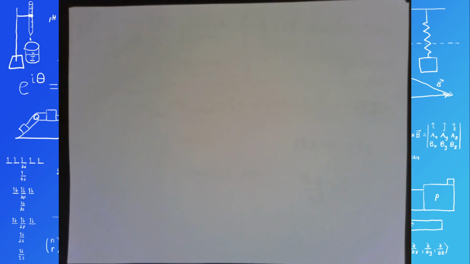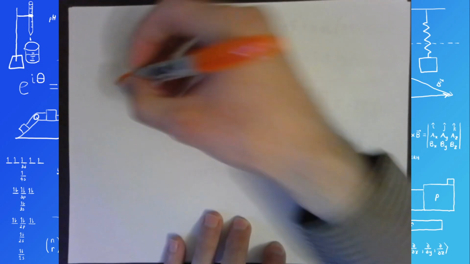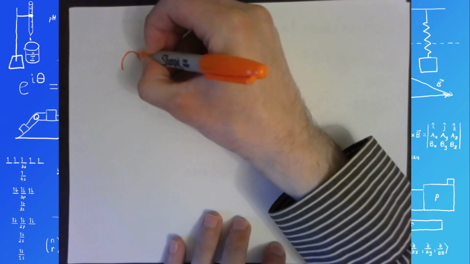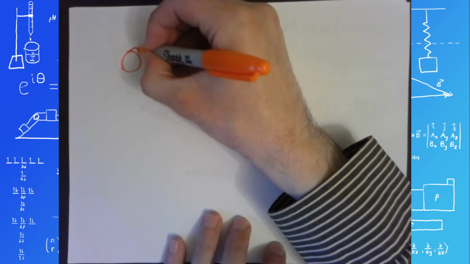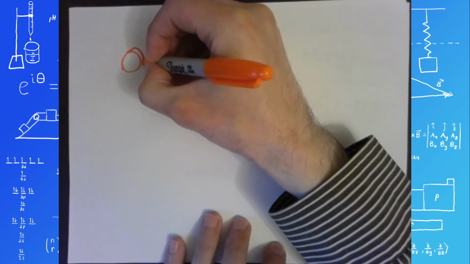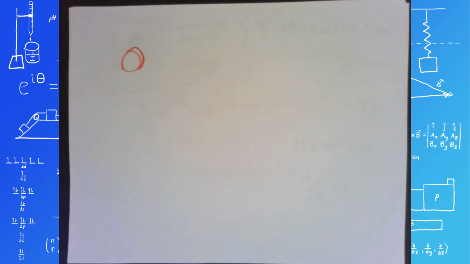So we've got ourselves a cylindrical fishing reel, cylinder shaped. I probably should have drawn it a little bit bigger, but oh well.